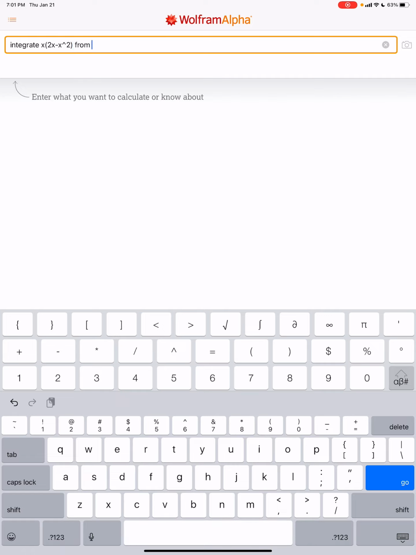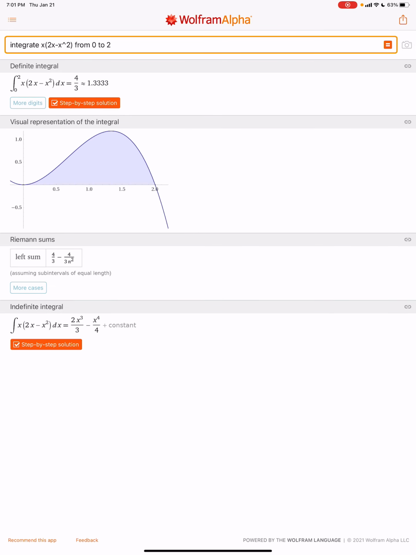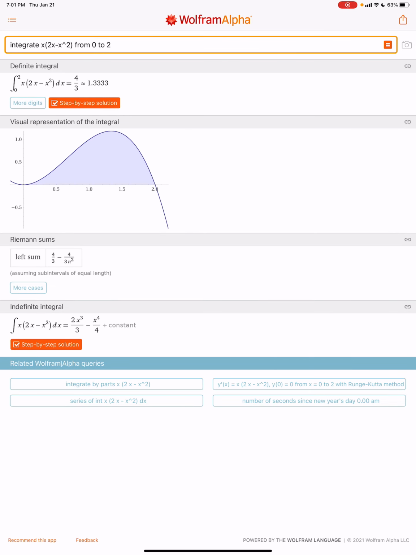from 0 to 2. Let's see what it gives us. It gives us 4/3. So it shows you the integration, so you can double check that if you want.